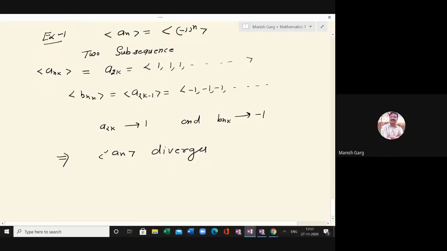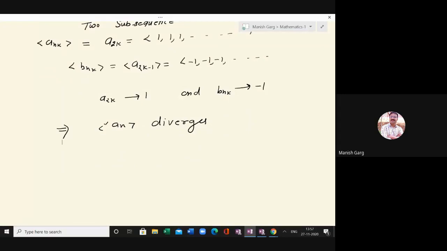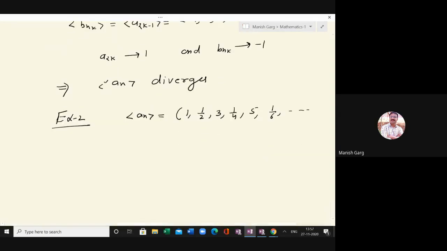Now I am doing the last example. Suppose you have a sequence a_n. This is 1, 1/2, 3, 1/4, 5, 1/6, like that. Consider two subsequences.